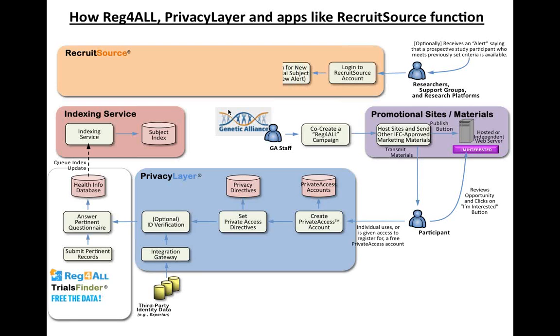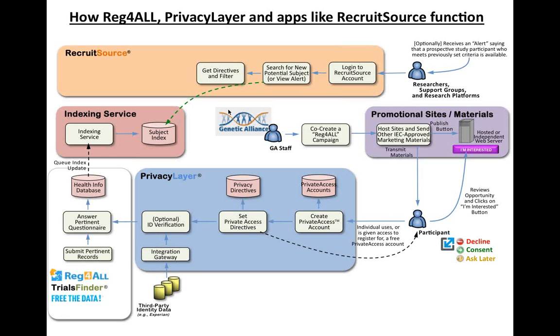Those researchers either get an alert or they just log in to conduct open-ended searches in RecruitSource. They authenticate themselves, and then they search for subjects that meet certain criteria. That hits the search index, but before it delivers results, it first determines whether that particular researcher has the rights to see the results of their search.